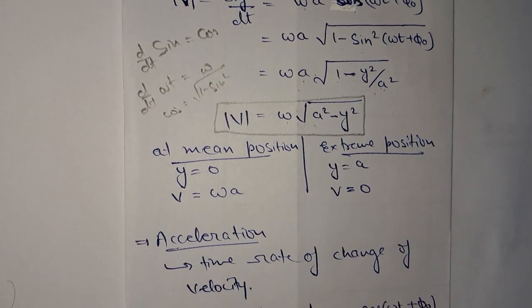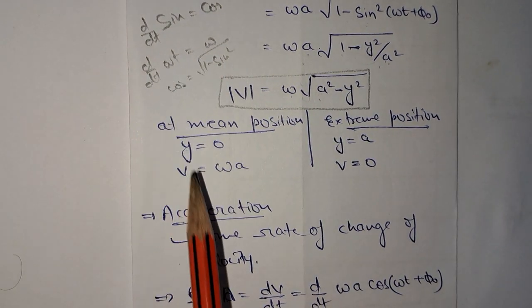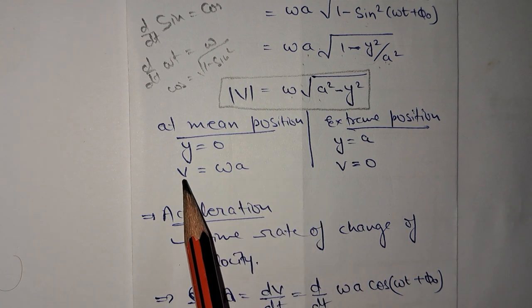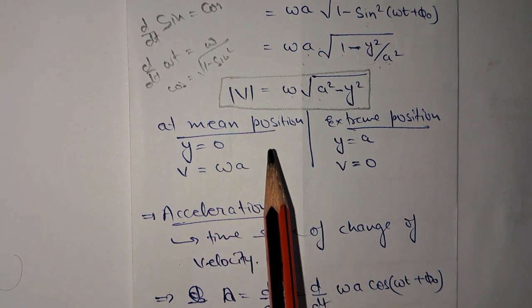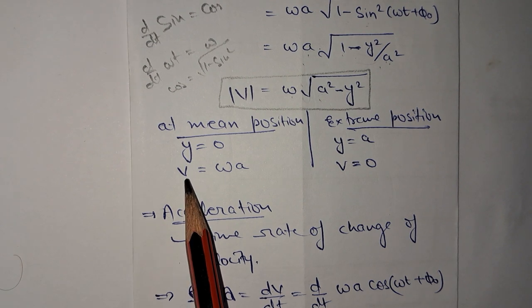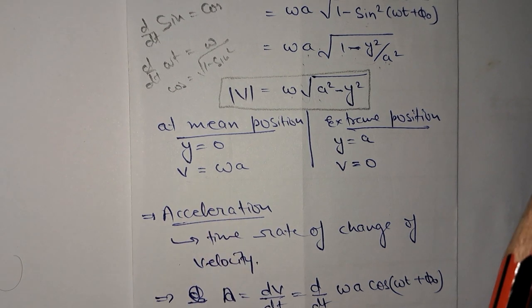Now what is the velocity at mean position? At the mean position, y, there is no displacement, so the velocity is equals to omega a.